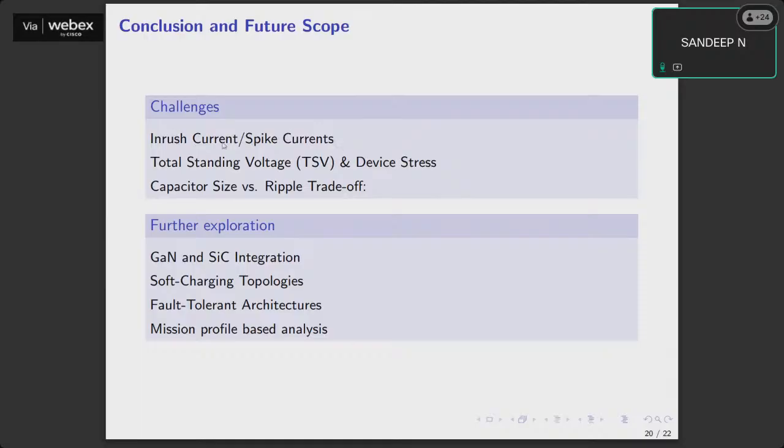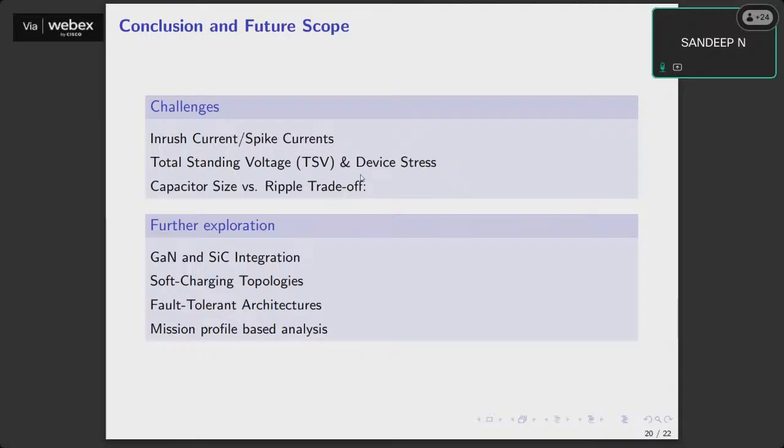Because this current, if it is of an acceptable level, then it is fine. Otherwise, it is going to severely degrade our capacitor lifetime, and also it is going to severely degrade our device lifetime because that current has to be sustained by any of the devices, right? So that is one of the challenges.